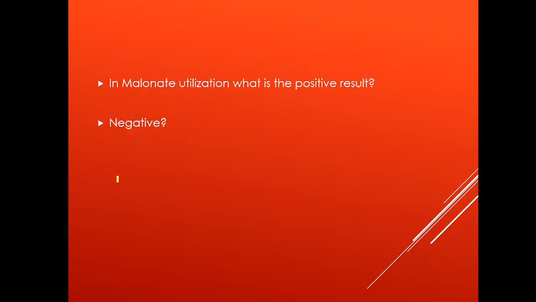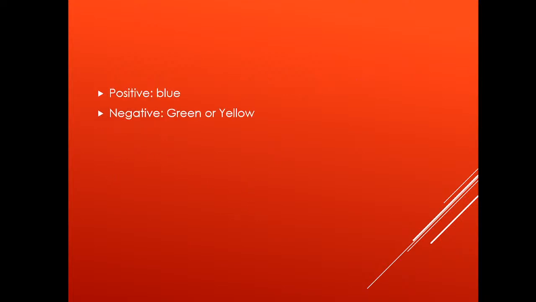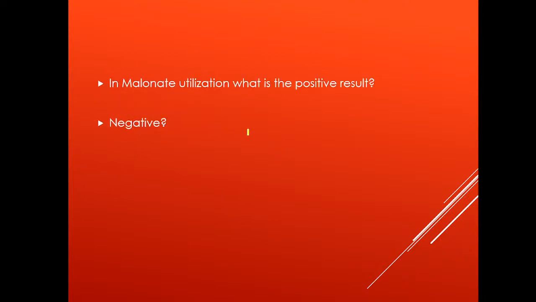Now, malonate utilization is another one, although rarely done in the clinical laboratory. It has a positive blue color, and the negative result is green or yellow. I just added it there. I wanted to remove it because it's lacking so many details, like what reagent we use.